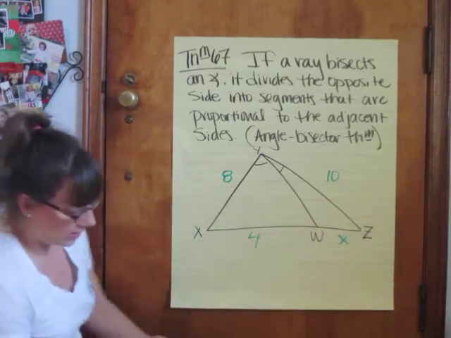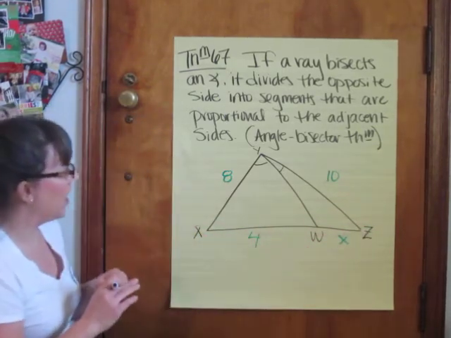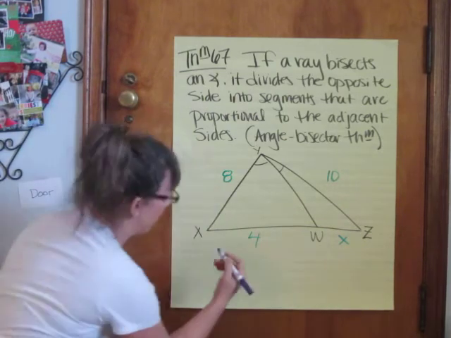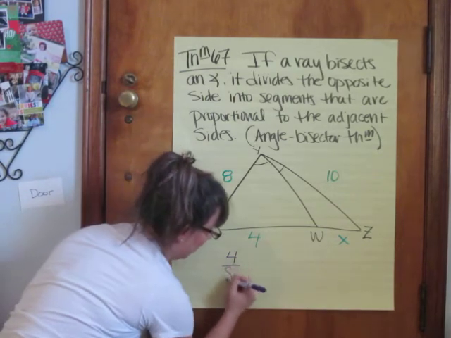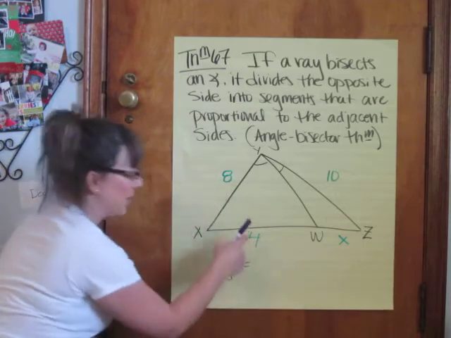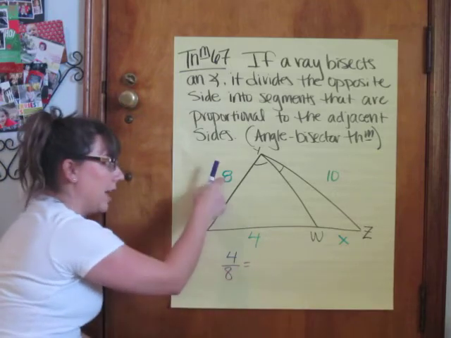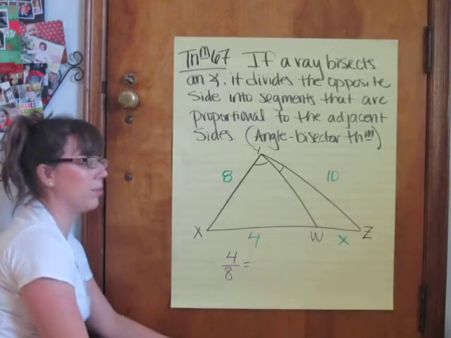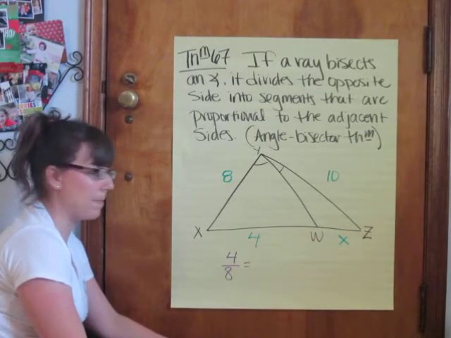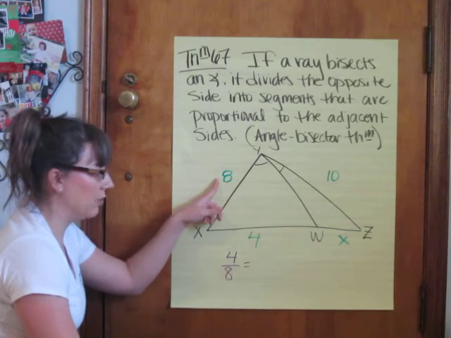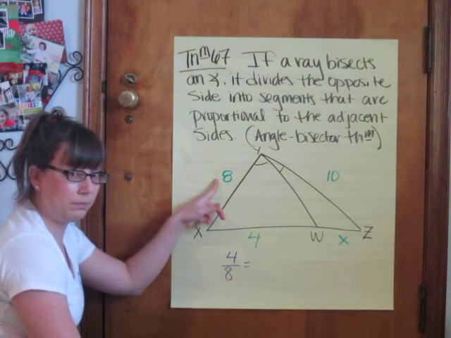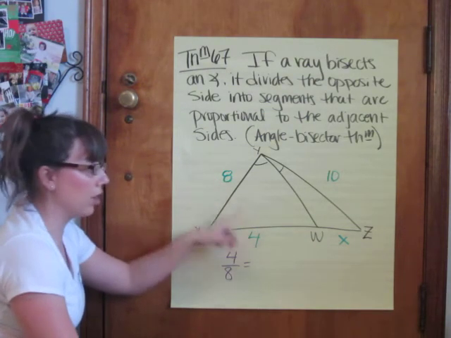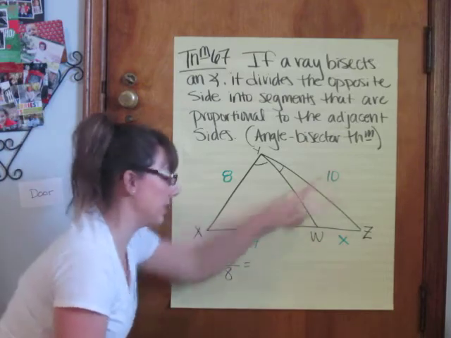Okay? So, for example, on this one, we would write a proportion, and the proportion we would write would be 4 over 8 equals, well, if I started on the bottom and did 4 over 8, should I do 10 over X or X over 10? How should I make that proportion, and what would make the most sense? 4 over 8 equals what? 4 over 8 should equal X over 10.